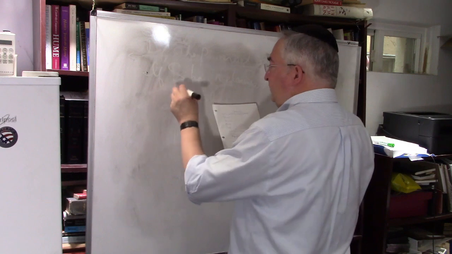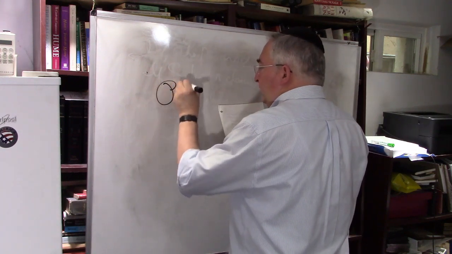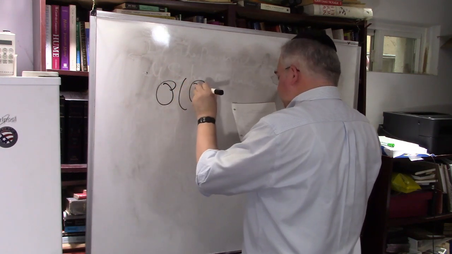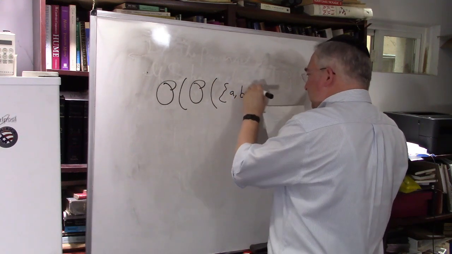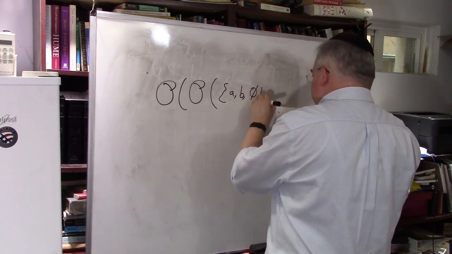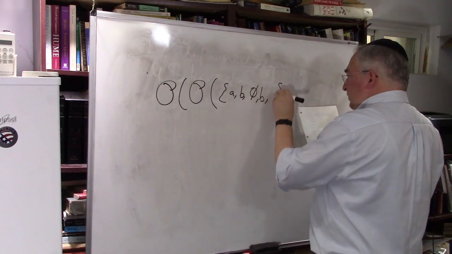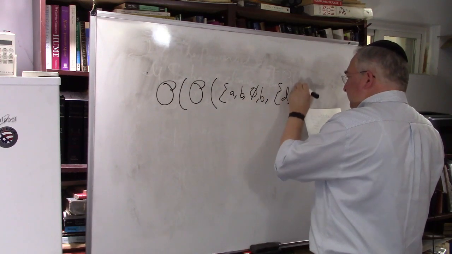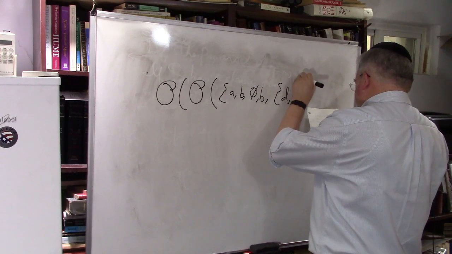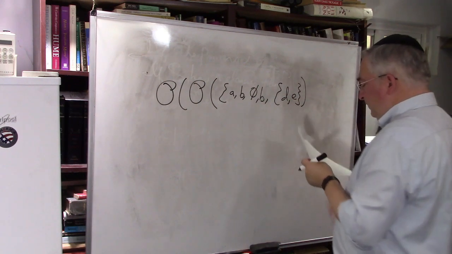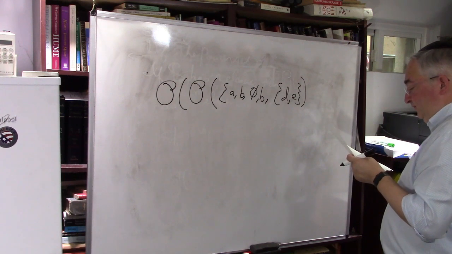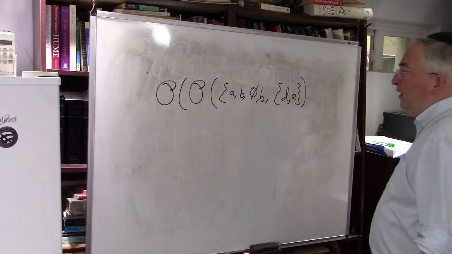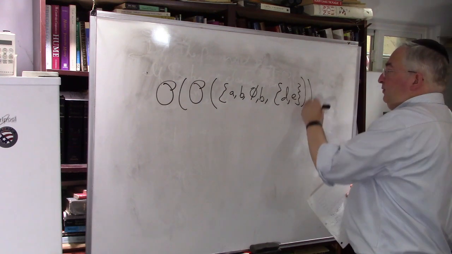So, here's an example. The power set of the power set of the set A, B, the empty set, B, the set D, comma E. Whoops, need another parenthesis.